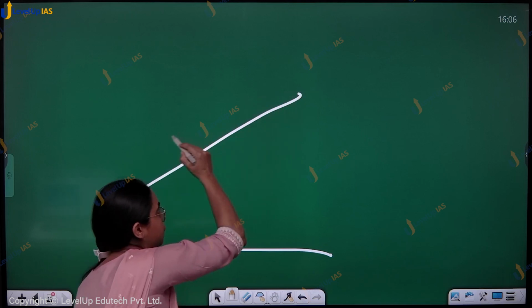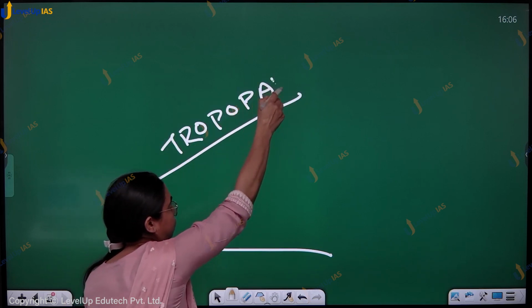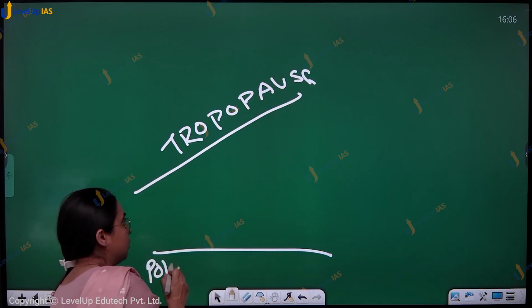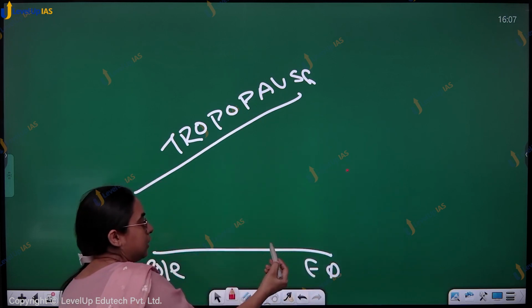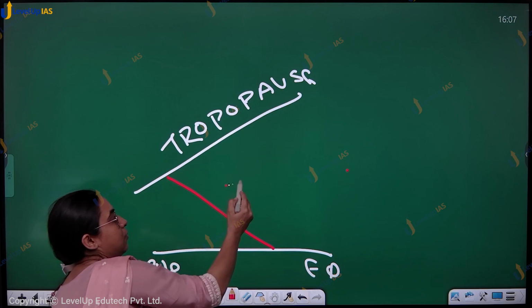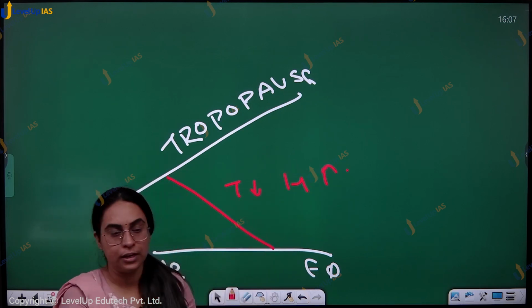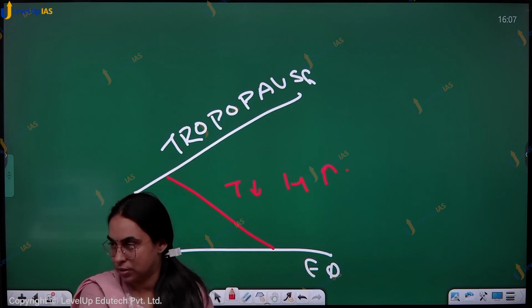This is your troposphere. This is, let's say, pole. This is your equator. The temperature reduces with the increase in height because it is getting heated from the Earth's surface below by the long wave terrestrial radiation.